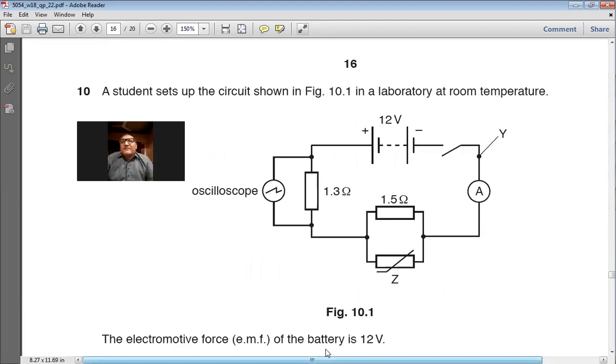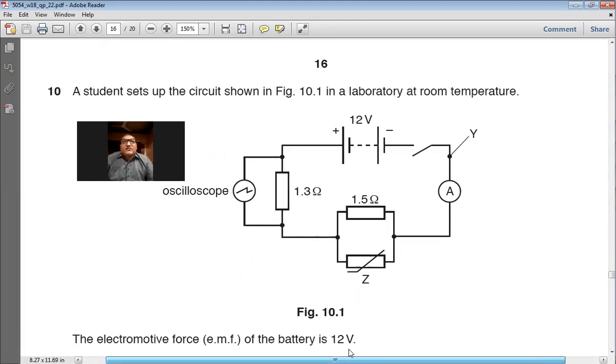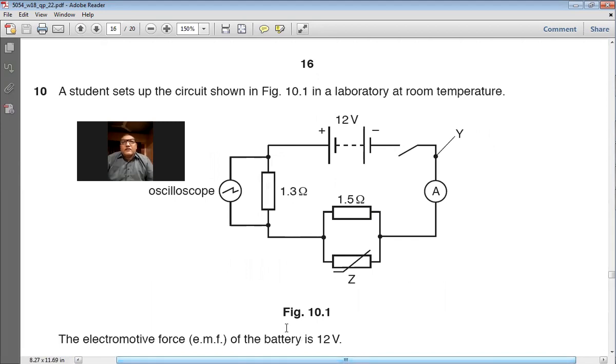So here we have that circuit. In this circuit its EMF is 12 volt, and here we have the switch.